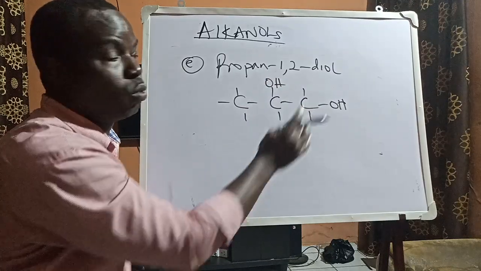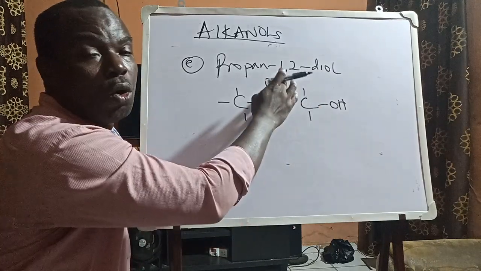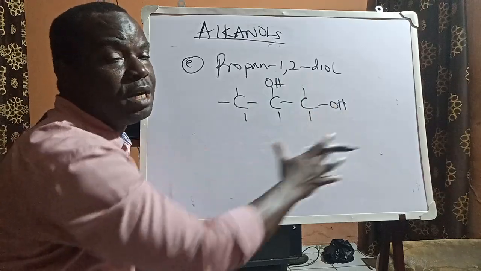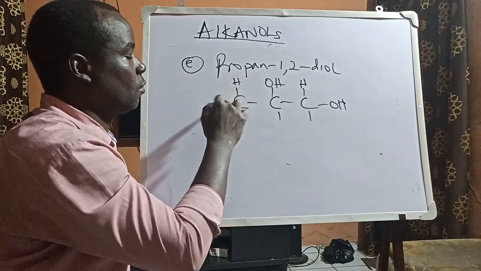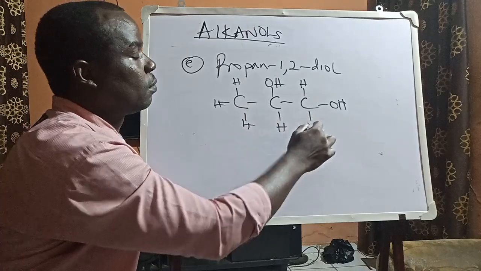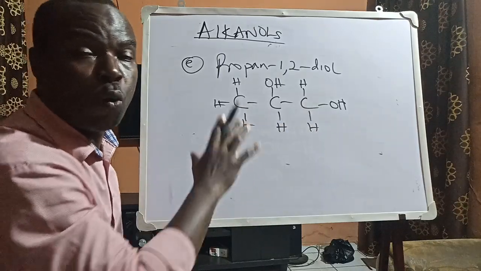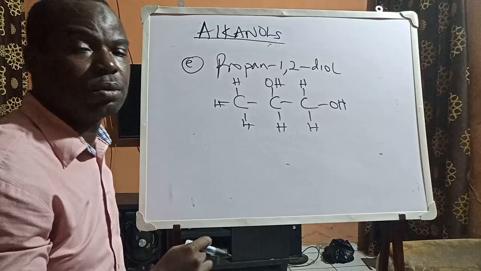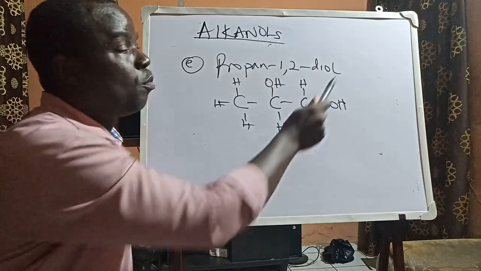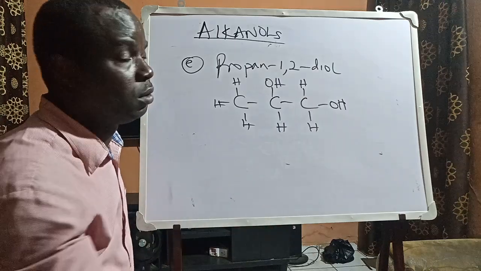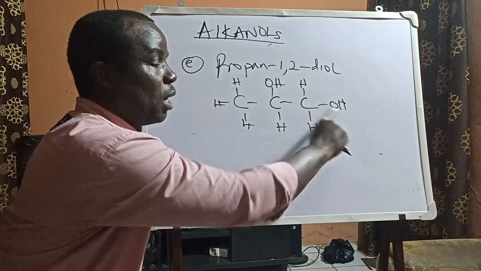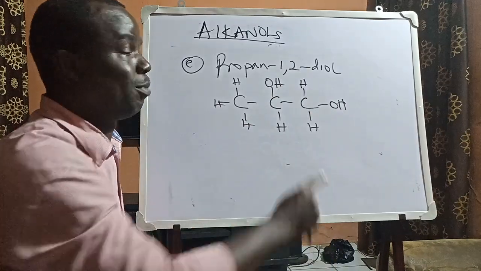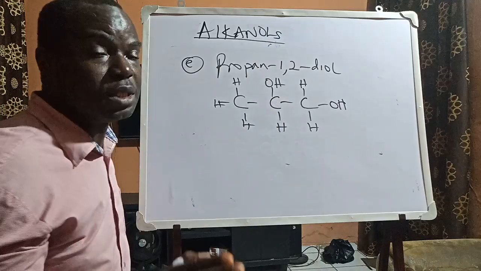You see it? 1-ol and 2-ol. Then the remaining bonds will now be occupied by hydrogen, and that is propan-1,2-diol. Is it clear? So diol means double OH. Then 1 and 2 means one of the OH should be on number 1, and the other OH should be on number what? 2. I hope it is clear.